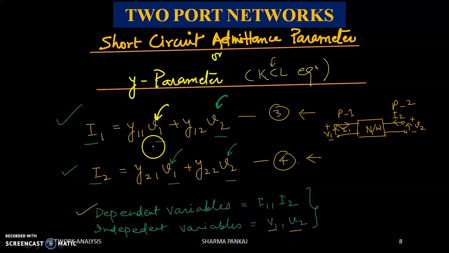Here, this is your V1 and this is your V2. So we can say V1 is an independent variable, V2 is an independent variable, and the dependent variables are I1 and I2.